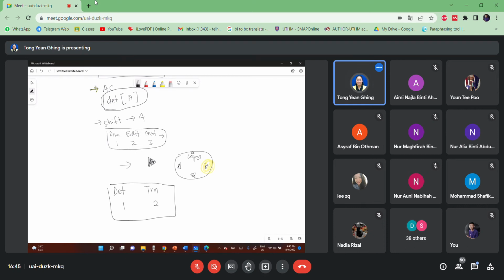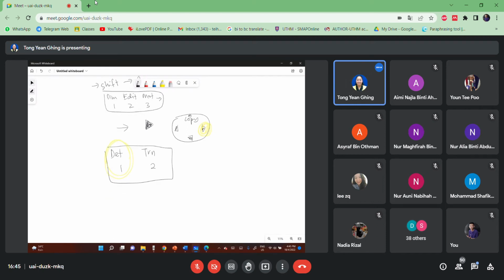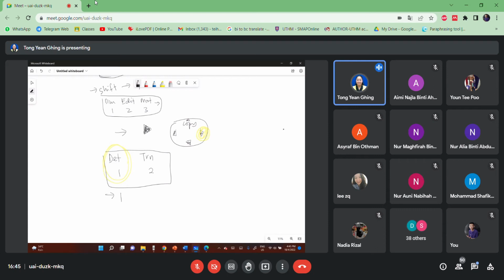Now choose 1 because we want to find the determinant. You press 1, and it will come out like this, Determinant.